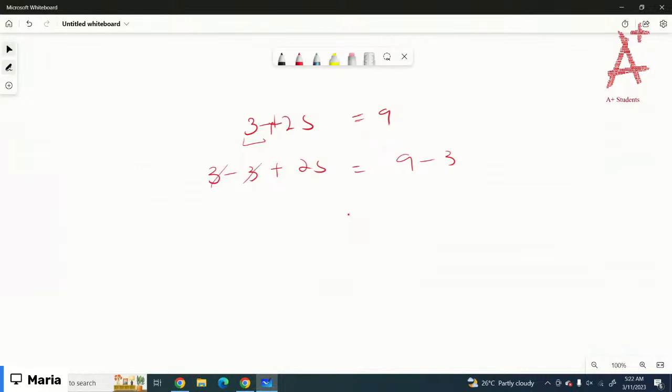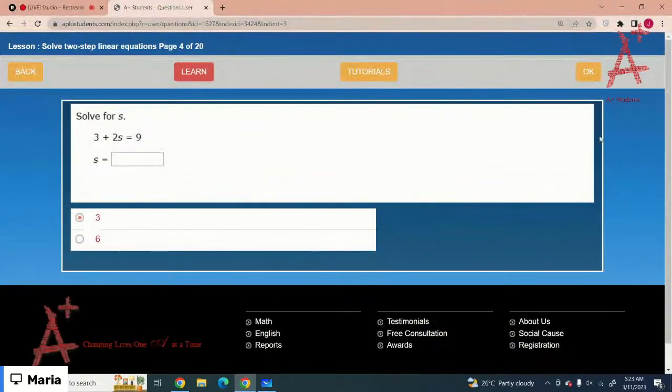So 3 minus 3 is 0, you're left with 2s here, and 9 minus 3 is 6. Got it? So just divide both sides by 2. 2 divided by 2 is 1, and 6 divided by 2 is 3. So that means s equals 3. Got it? So the correct option is s equals 3.